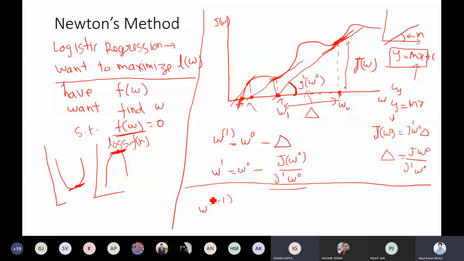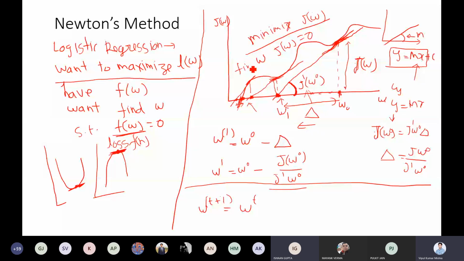Excuse me, sir, here we are minimizing delta? Actually, delta helps us give a movement. We are trying to minimize the J of W, or instead of saying minimizing, we are trying to find W where J of W equals 0.